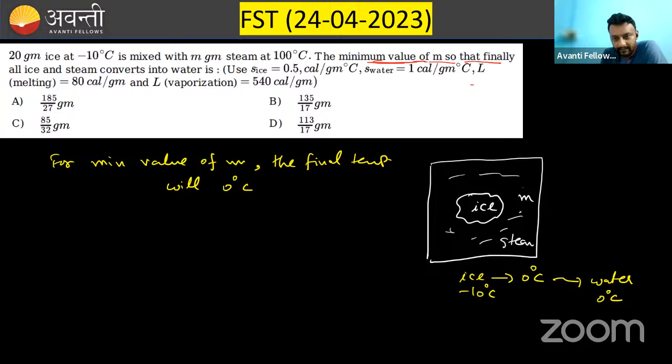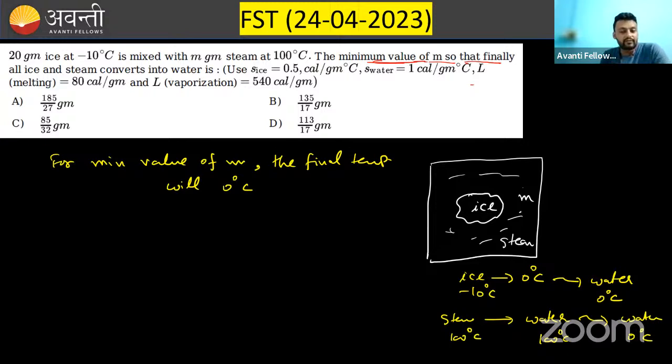Now with the steam, steam will convert to water. First of all, its state will change from 100 degrees Celsius steam to 100 degrees Celsius water. First transition is this one. After that, it will again change to water of 0 degrees Celsius.